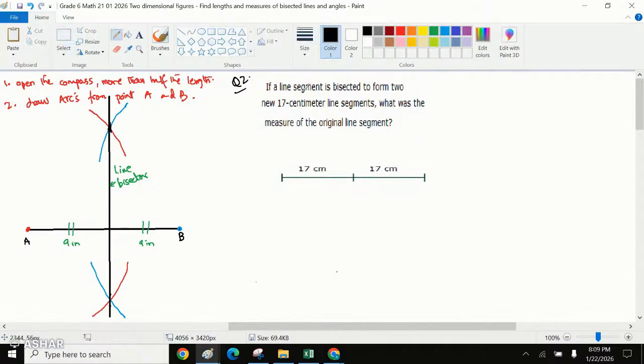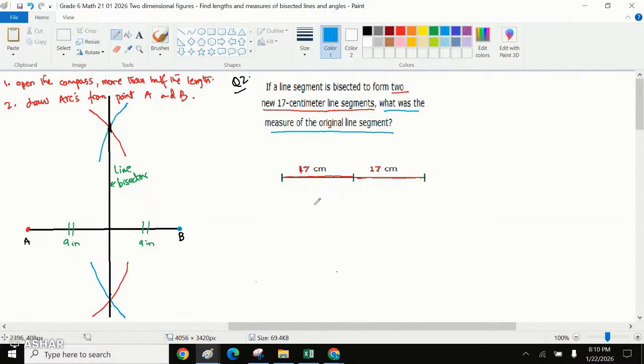See, if a line segment is bisected to form two new 17 centimeter line segments, that means each part of this line is broken down into 17 and 17 centimeters, right? So what they're asking us is what was the measure of the original line segment?